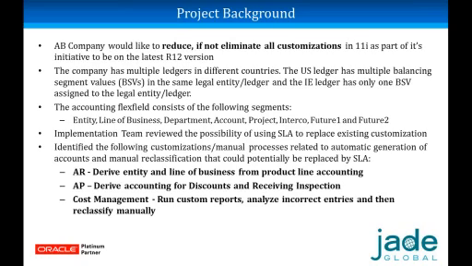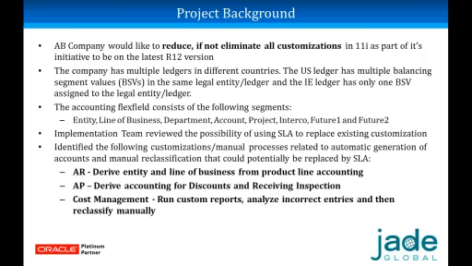For AP, the custom program derives the accounting using product line accounting for discounts and receiving inspection. For cost management, they run some custom reports, analyze incorrect entries, and then reclassify manually. So aside from the custom programs that they've done, they also have manual processes in place.